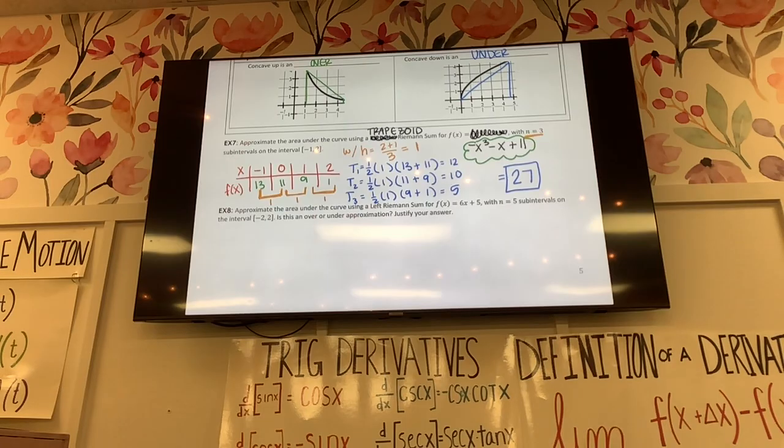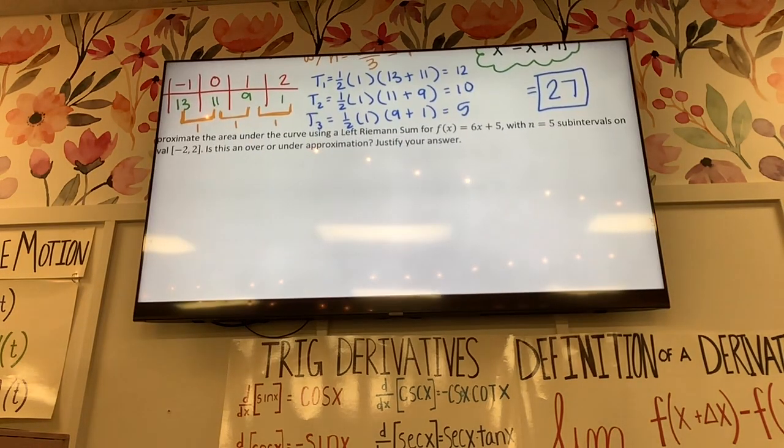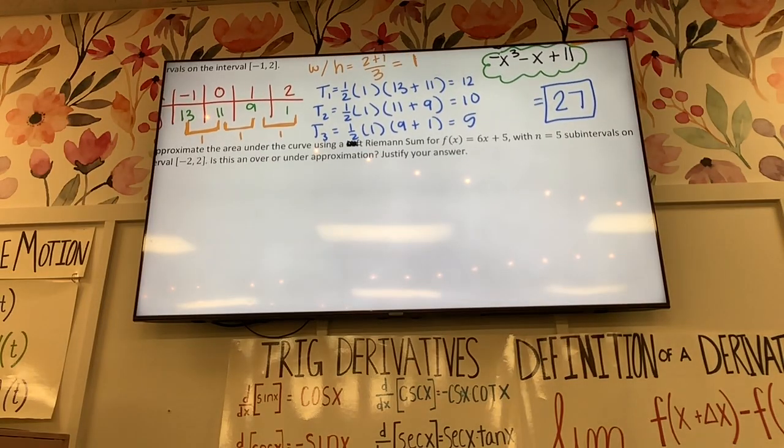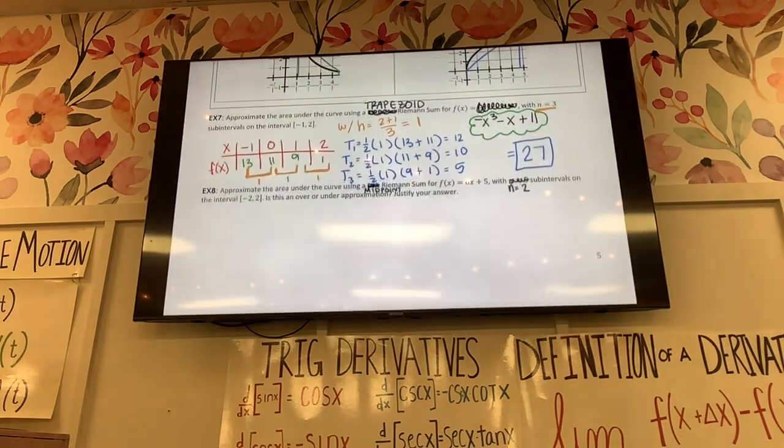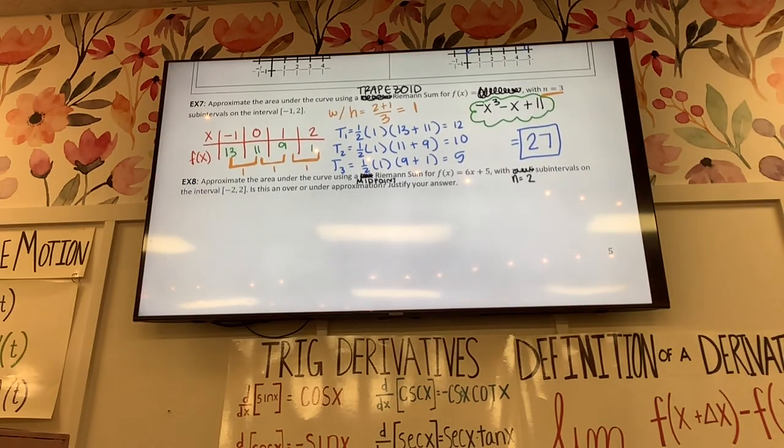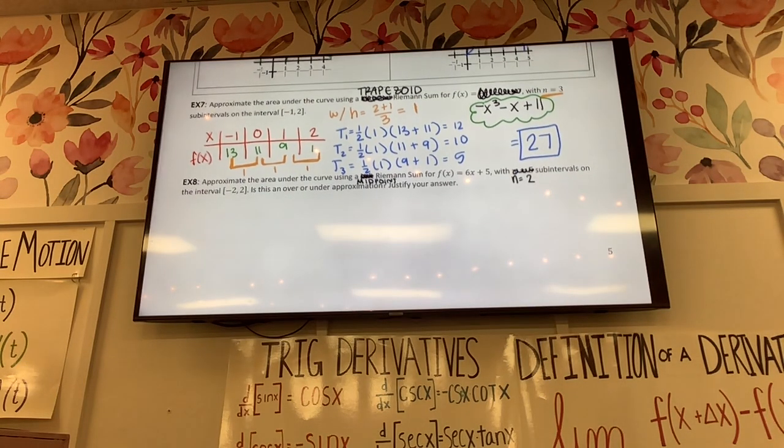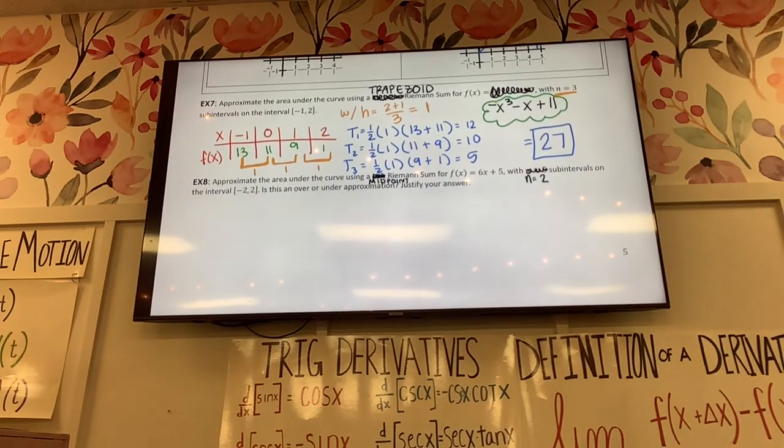Does that kind of make sense? All right, for the next one, instead of doing a left, because we've already done left a couple times, I want to do a midpoint. And instead of making this 5 subintervals, because that's kind of a lot, we're going to make it 2. All right, so same thing.